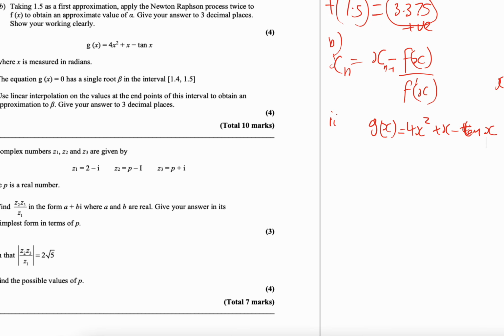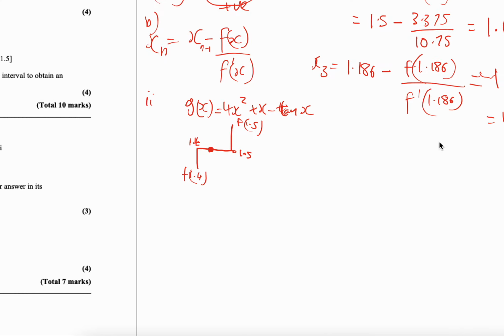Okay, so you remember we're trying to find this point. Our value here is 1.4, and our value here is 1.5. So we need to find g of 1.4 and g of 1.5. Obviously it might not be negative or positive, but find those values out.